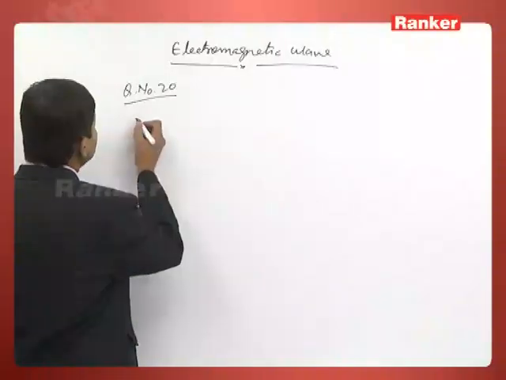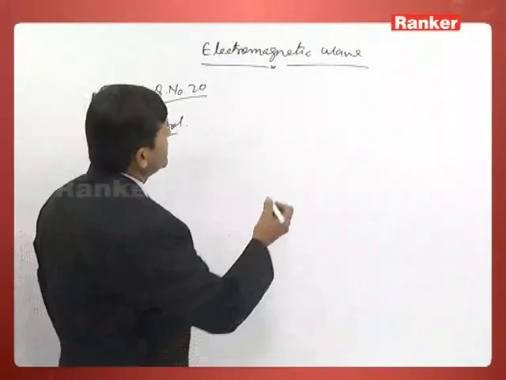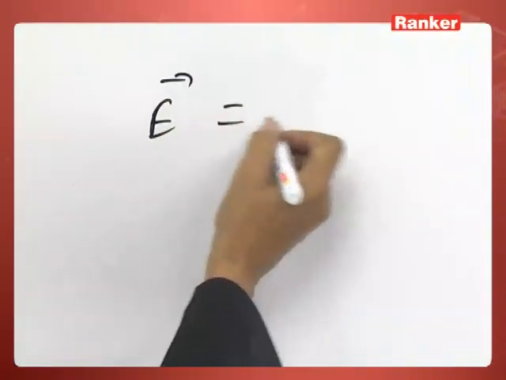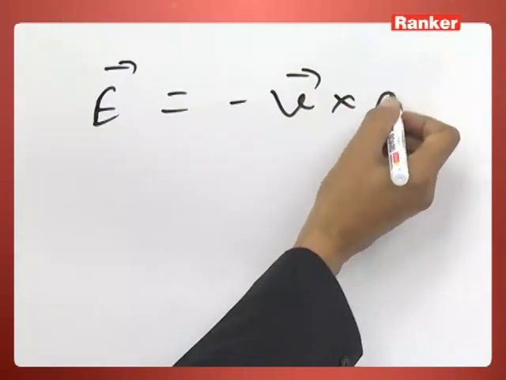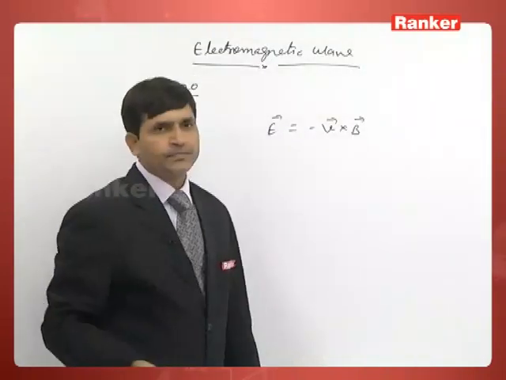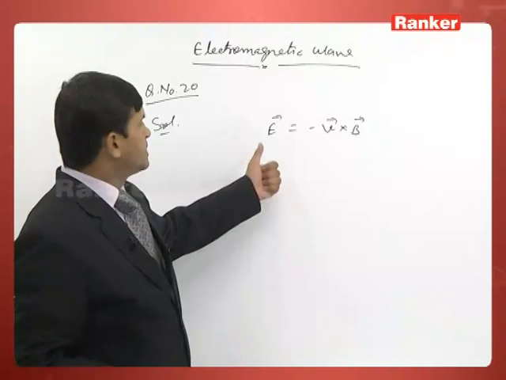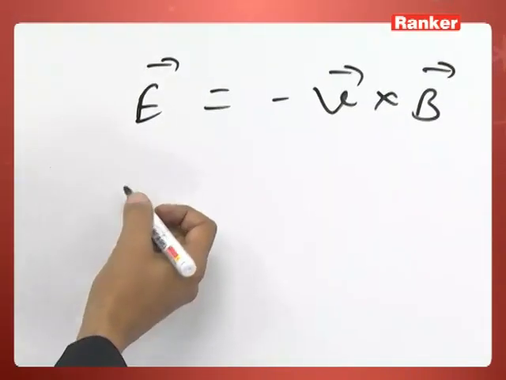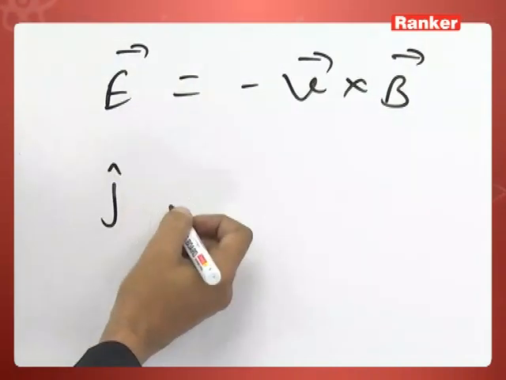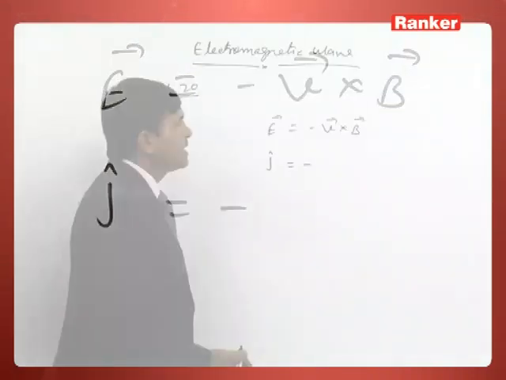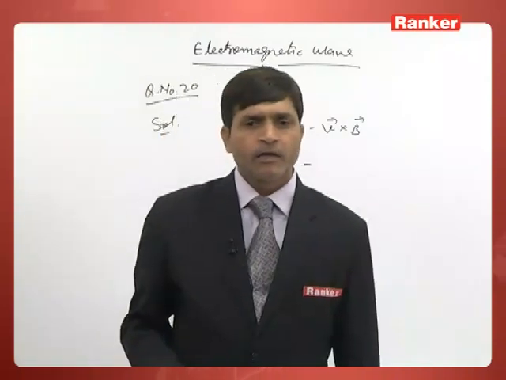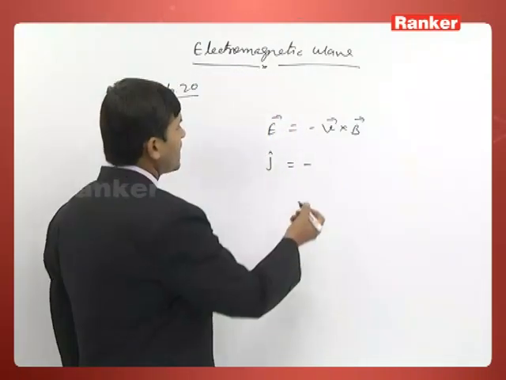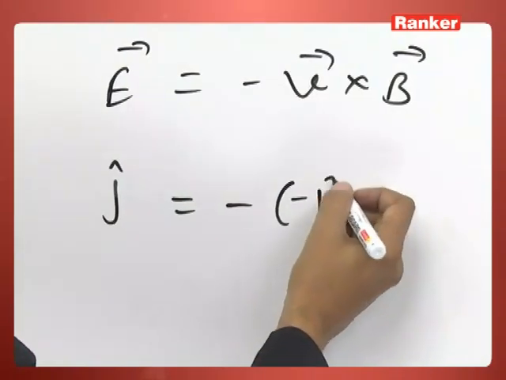See, as per the question here, the relation between the electric field and velocity is given by this expression, and the electric field here is along the positive y direction, and energy is propagating along minus z direction, which indicates minus k.